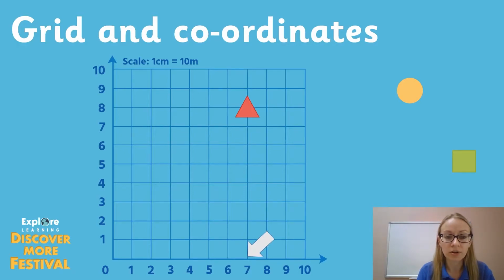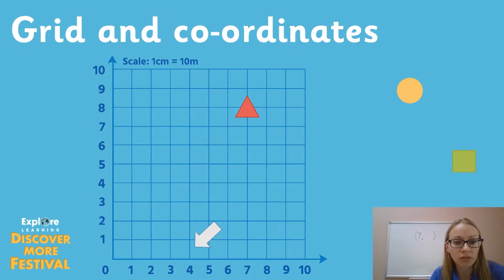Brilliant. So we can pop this on our board here to help us with our coordinates. First of all, we've got the number 7. And then because we're writing coordinates, I'm going to pop a comma after it, and sit the 2 numbers within brackets. That's what we do if we're writing out coordinates. So 7 is our first number. Now we're going to have a look along the y-axis.